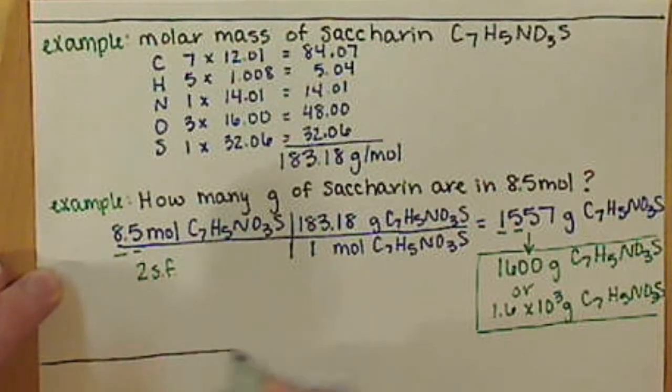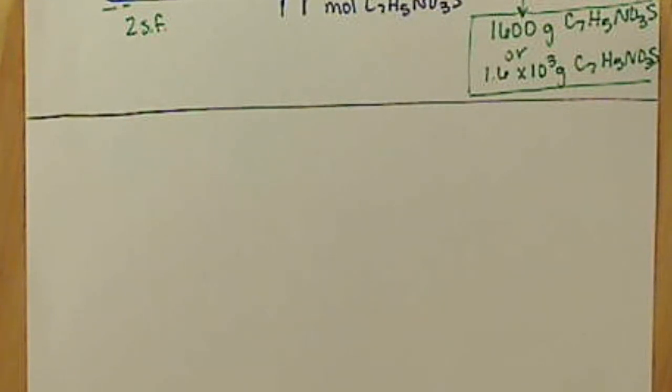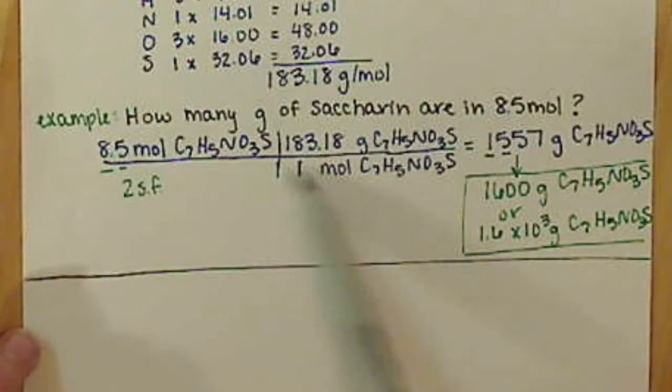All right. So far in chapter 6, we started out talking about chemical equations and balancing them. Then we worked into talking about the mole and molar mass, using our grams per mole to convert between the two.